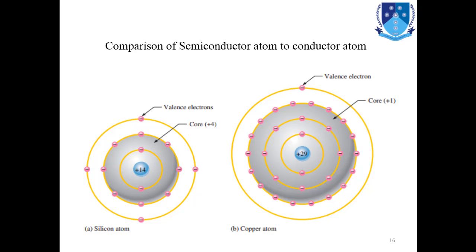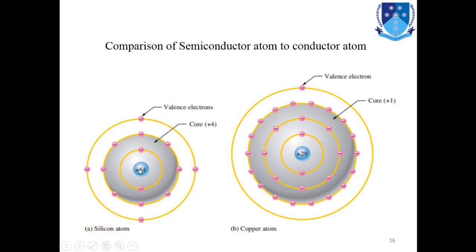The comparison of a semiconductor atom to a conductor atom is made in this figure. Here you can see that we have a silicon atom from semiconductor material while we have a copper atom from the conductive materials. We know that the atomic number of silicon is 14.